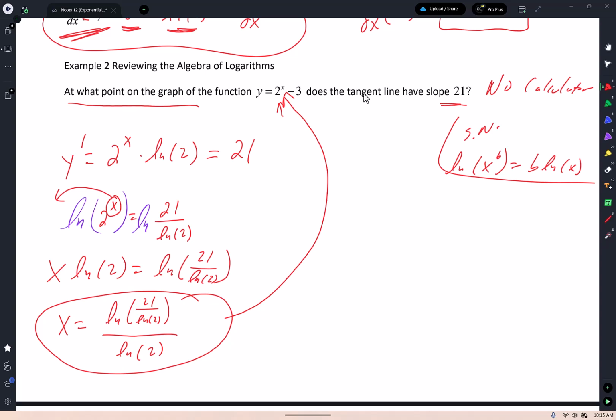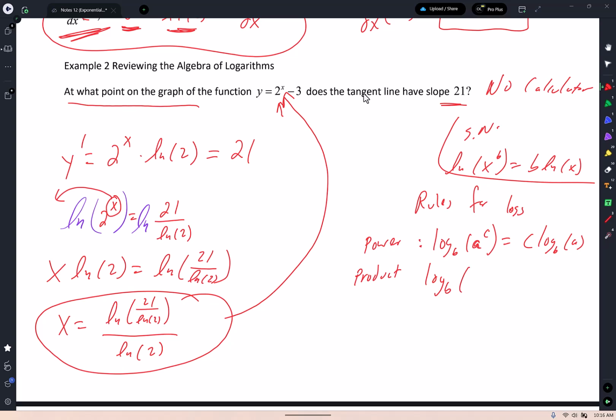Okay, what rules do I got to know? Rules for logs. Let's put them here on the side, guys. You got to know your power rule. Log base b of a to the power c is equal to c log base b of a. What else? Product. This is just from your algebra days.